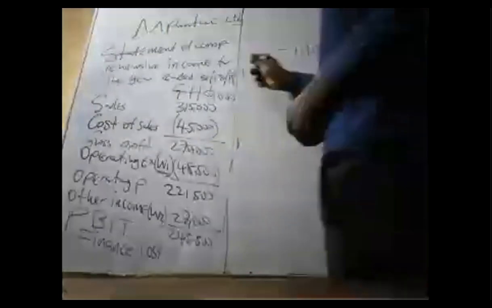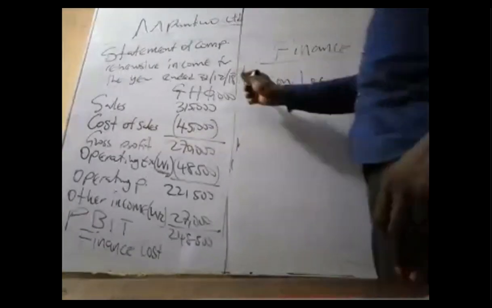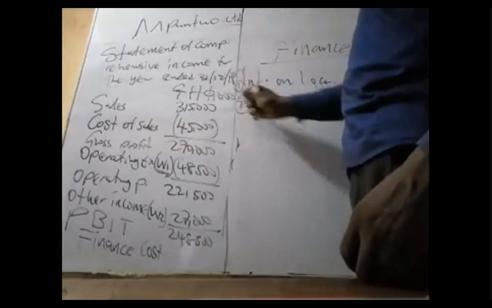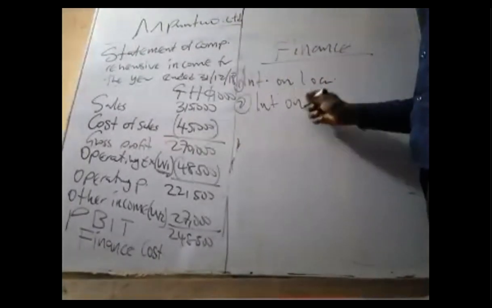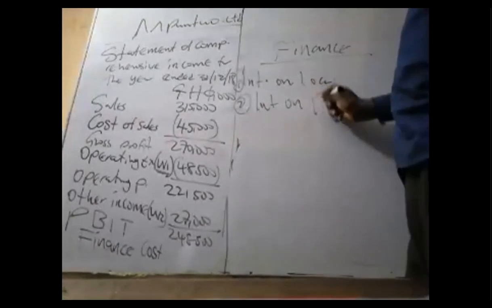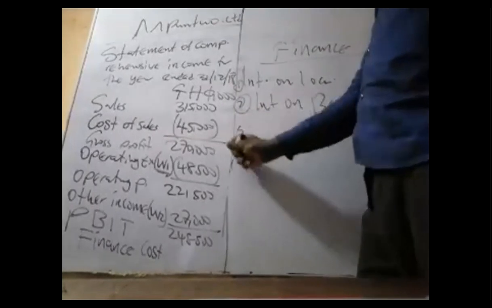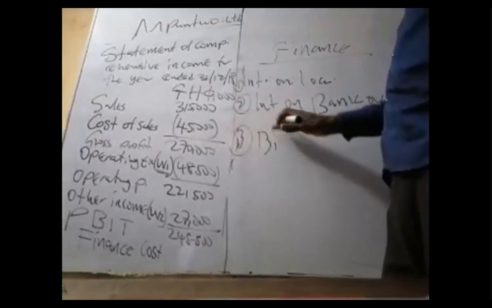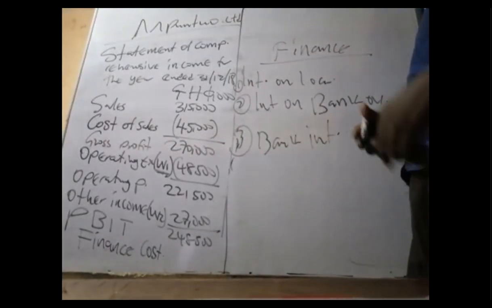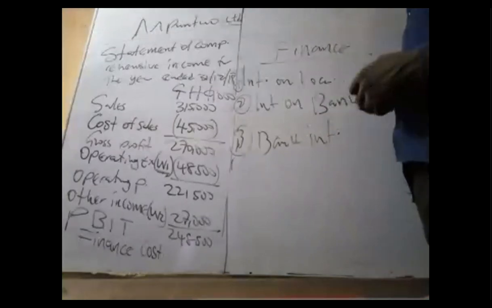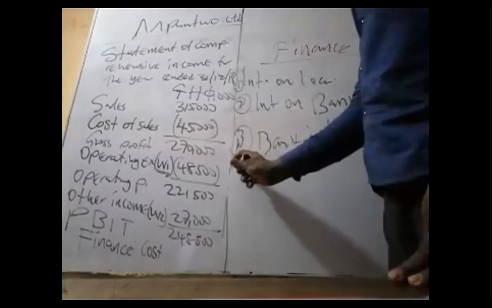It includes, one, interest on loan. Number two, interest on bank overdraft. Number three, bank interest in the form of charges, like a processing fee.